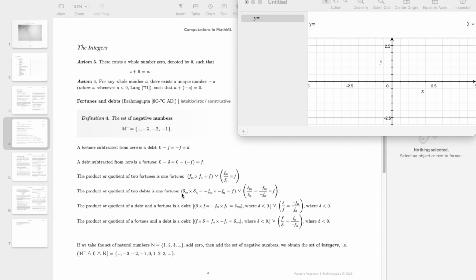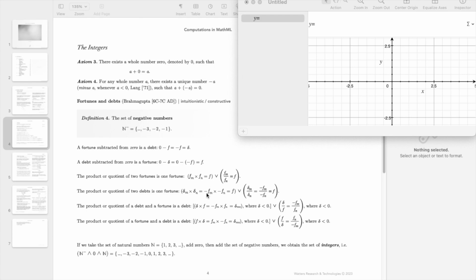Okay? So the product of two debts, debt number one, debt number two, which by substitution, we obviously get these exact values. These are numbers, not variables, although the subscripts are basically just indices.